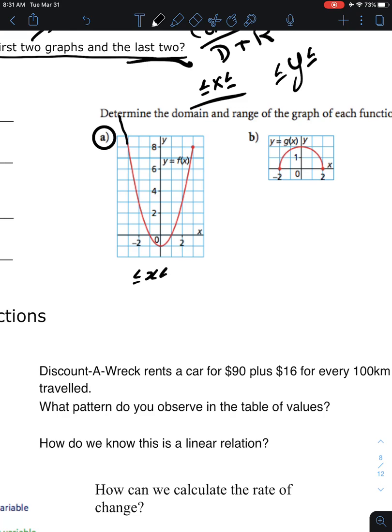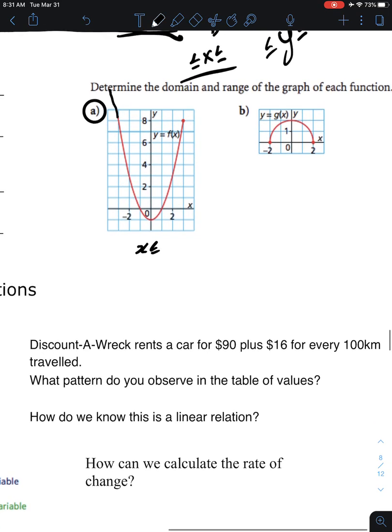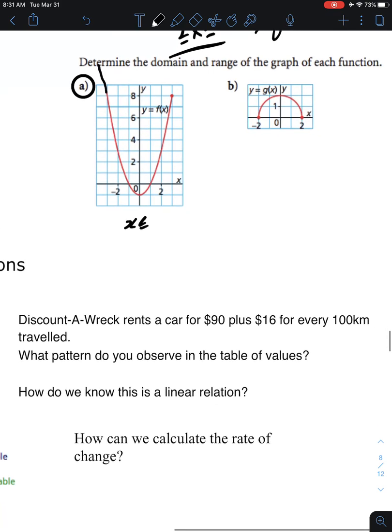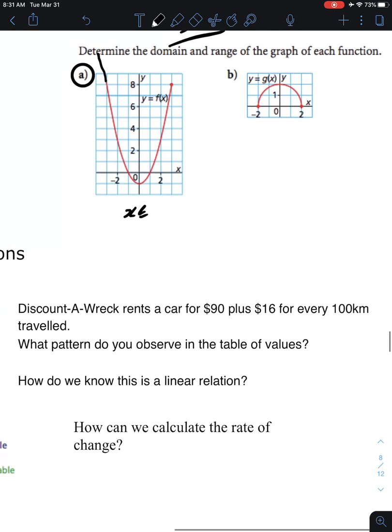I have no lower limit, so I'm going to get rid of that. And when I'm saying lower limit, that has a meaning later on in math that you'll learn, limit. I'm just saying where does the graph begin and end. Anyway, the upper limit where the graph ends on the right is at 3. So for this graph, x is less than or equal to 3, comma, x is an element of real numbers. And that's our domain.